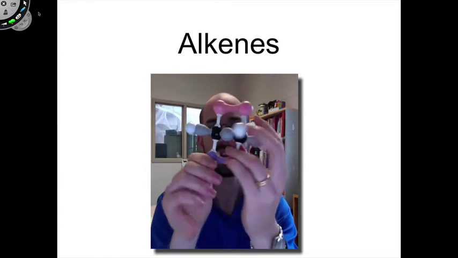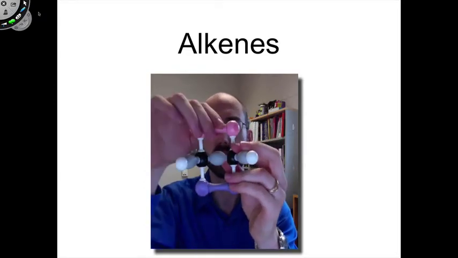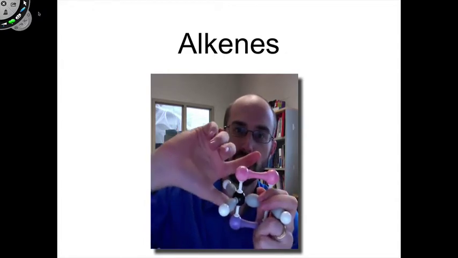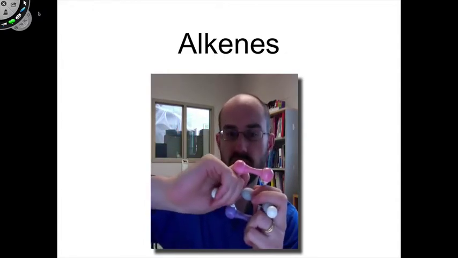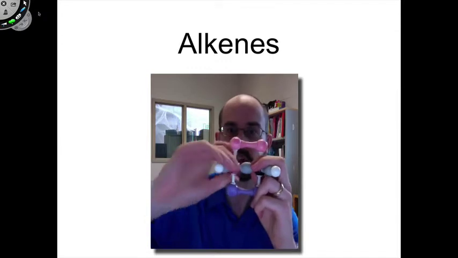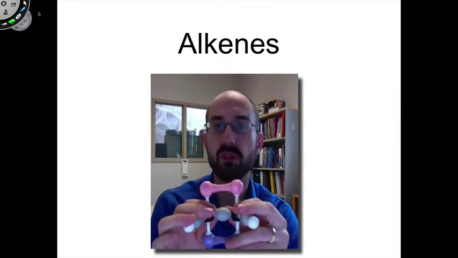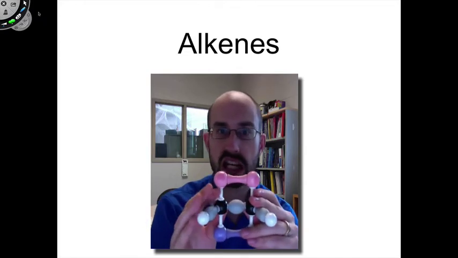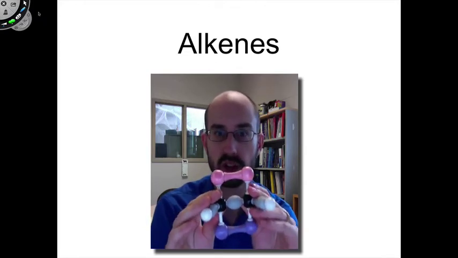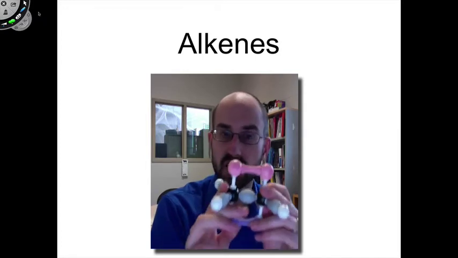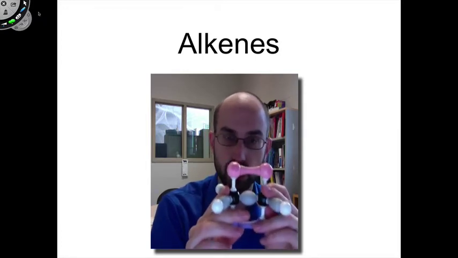And the reason for this, again, is the pi bond being above and below the molecule. If you were to rotate this carbon 90 degrees, you would break the bond. That's far too much energy to happen on a normal time scale. And so alkenes, unlike alkanes, do not rotate.